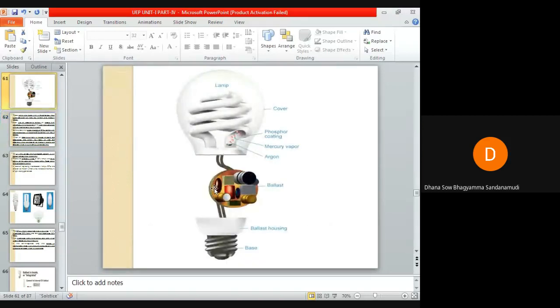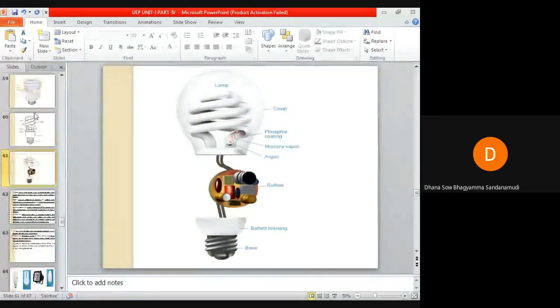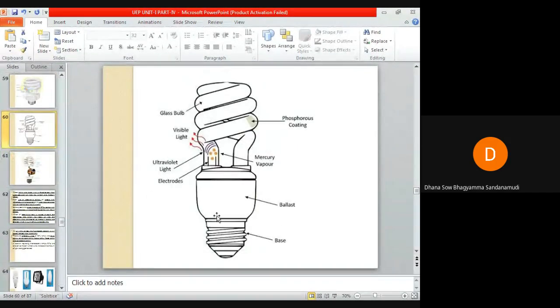Okay, so let us see the operation. Whenever electrical energy is given to this compact fluorescent tube, what happens is, when these electrodes receive electrical energy, the argon gas will be vaporized and hence heat is produced. Because of that heat, mercury will start to vaporize.